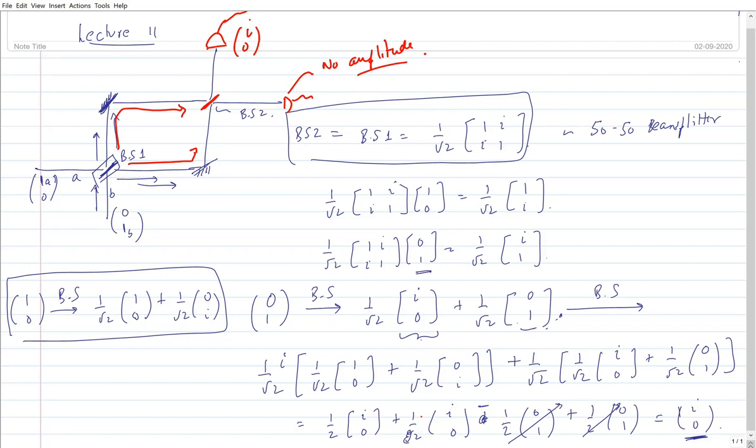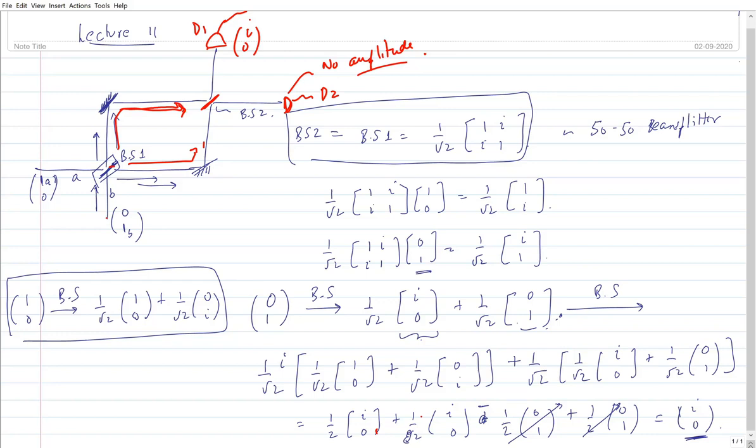So one way to see this was from sum over paths. We are trying to sum over all possible paths from A to B, and the paths leading to detector D2 in this case destructively interfere, and for the paths leading to detector 1, the contributions constructively interfere.